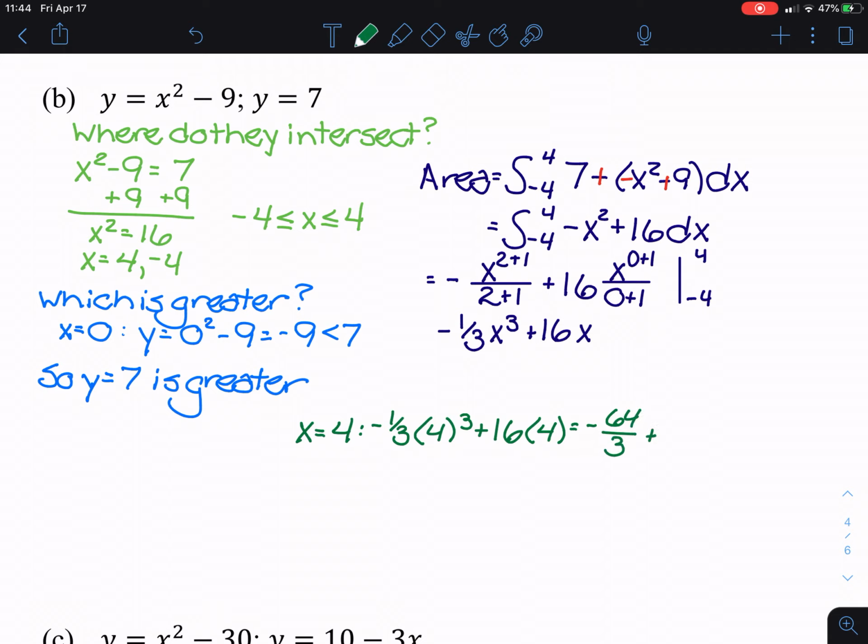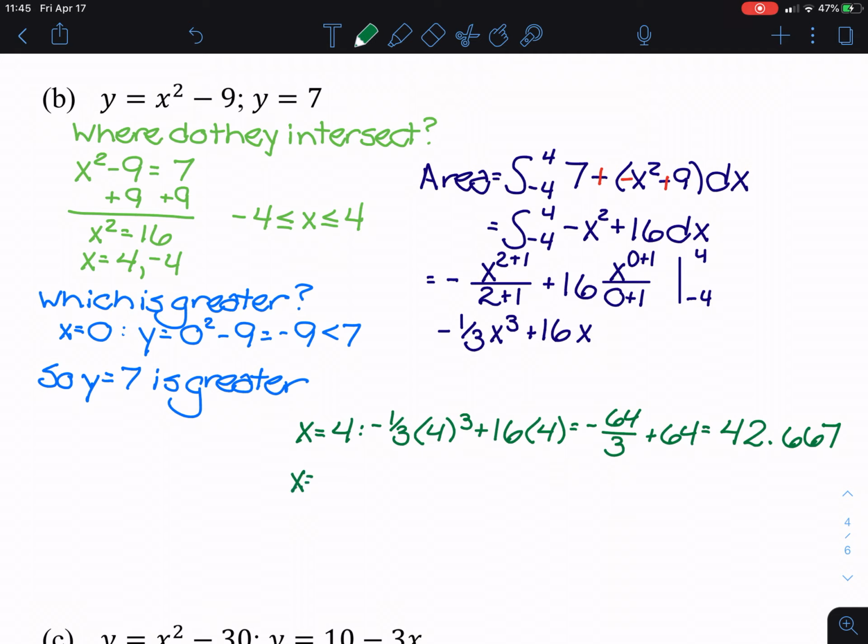And then 16 times 4 is 64. And so I have negative 64 thirds plus 64, which is going to give me 42.667. I'll go ahead and round it to 3 decimal places.